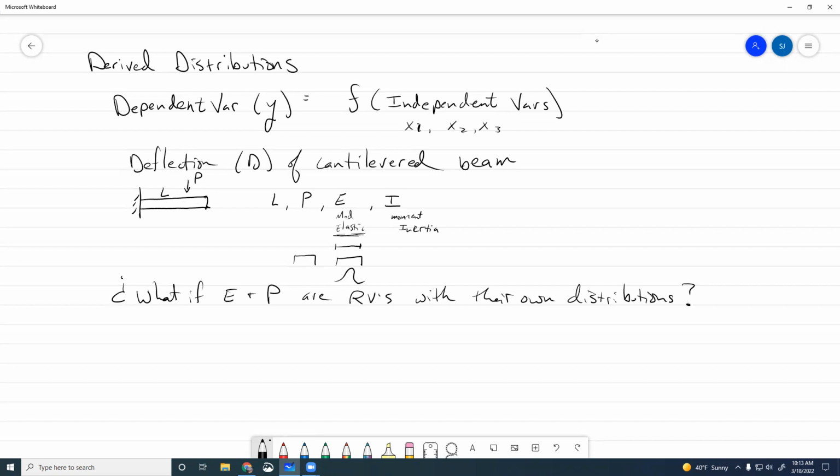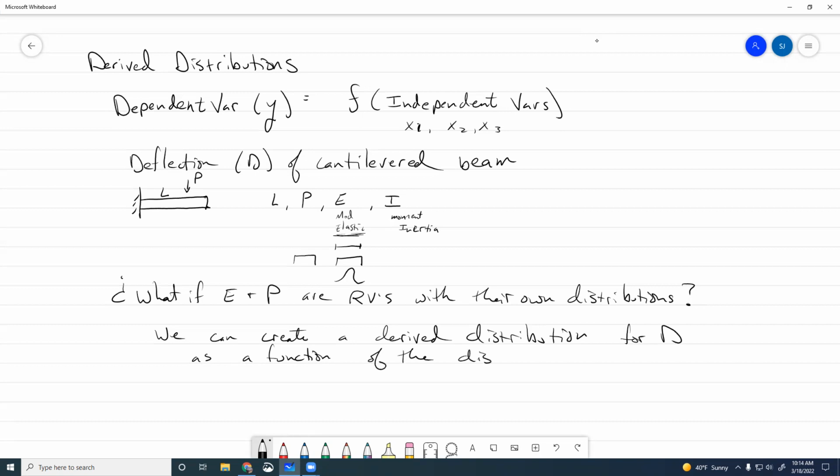So we can create a derived distribution for D as a function of the distributions of E and P. We're not going to actually define those right now, but just kind of setting this up as a conceptual example.